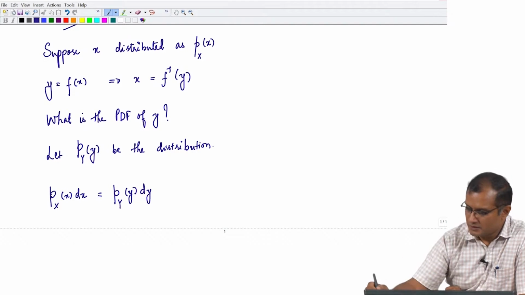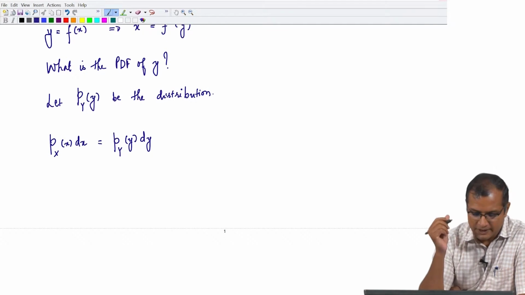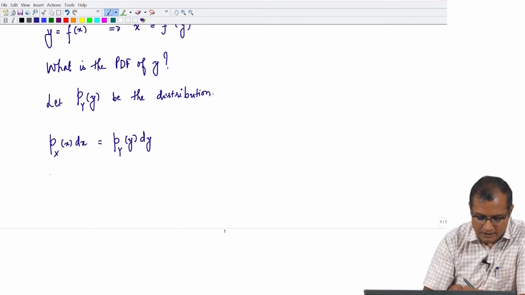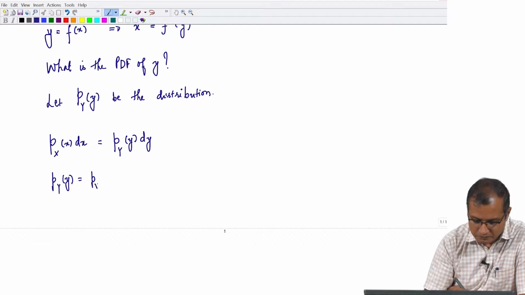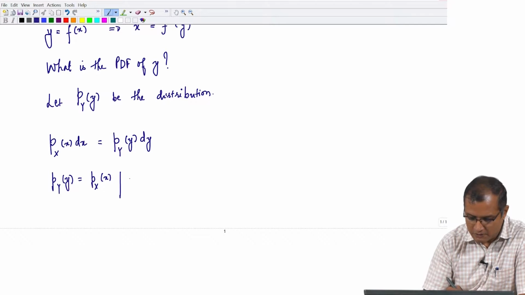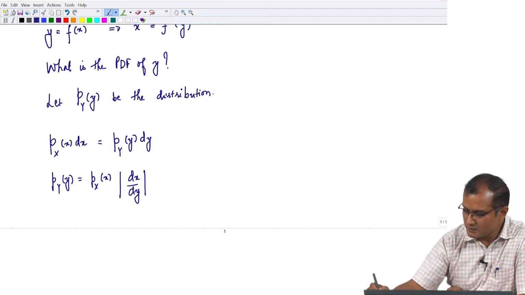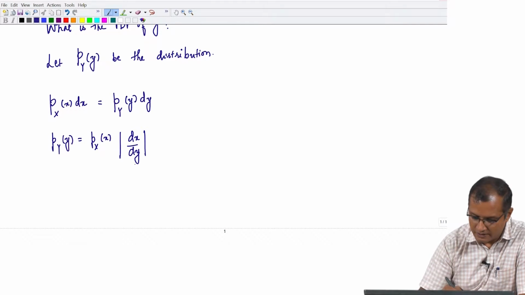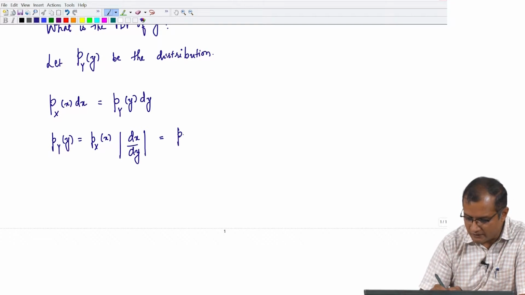Then I can extract the PDF of y by simply writing p of x into mod of dx by dy, and this quantity dx by dy is called the Jacobian of the transformation.